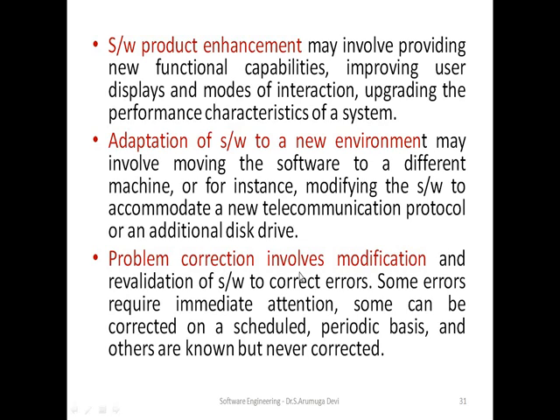Corrections: sometimes errors will occur in the project, so we revalidate the software product to correct errors. Some errors require immediate attention, while others we can schedule on a periodic basis.